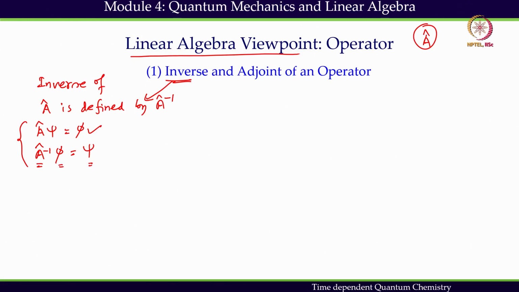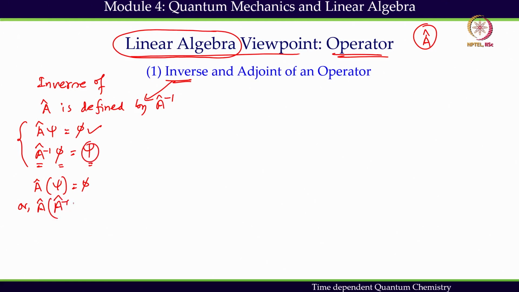So, this is one property of the operators which we will be using in quantum mechanics, and this is directly coming from the property of linear vector space, linear algebra, or Hilbert space. Or in other words, I can write A acting on psi is phi, or psi can be written as A inverse acting on phi, and this is only possible when A inverse A equals 1.